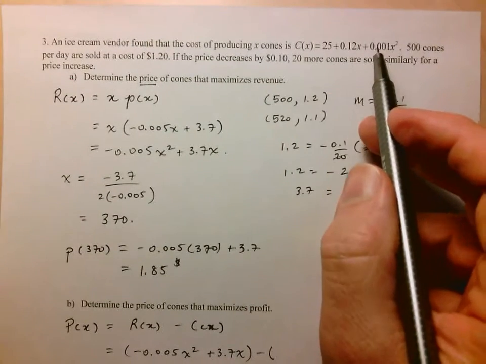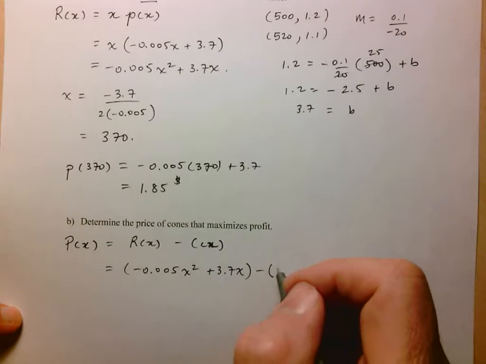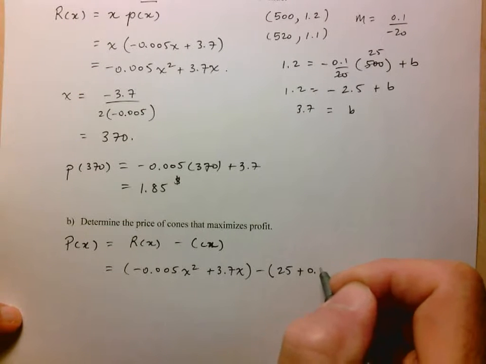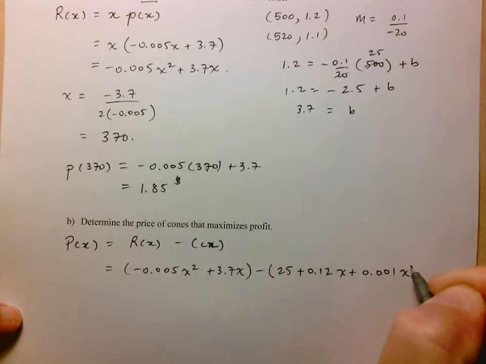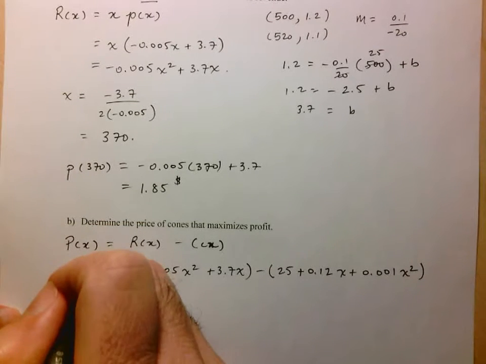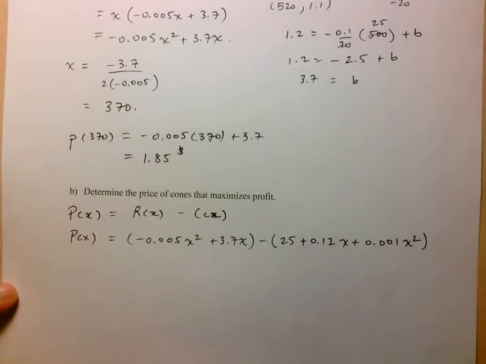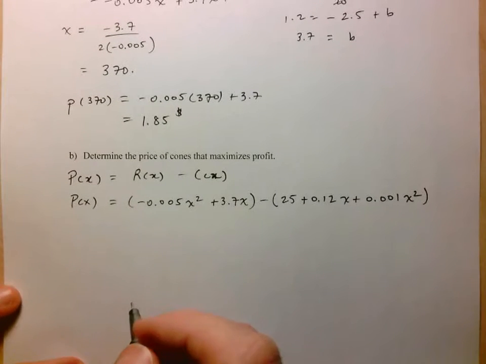We didn't actually have to determine it. So here it's 25 plus 0.12x plus 0.001x squared. Now we can simplify this so we can solve the problem.